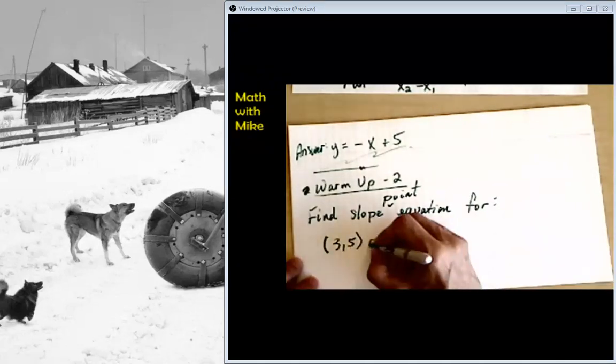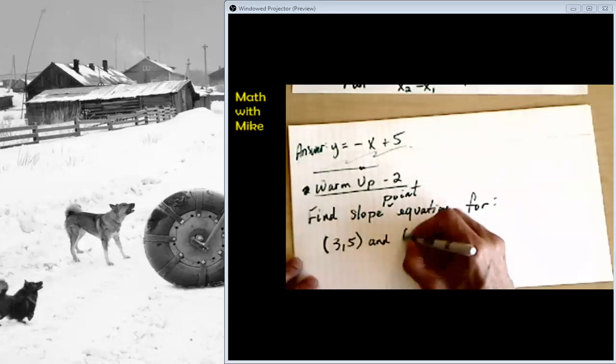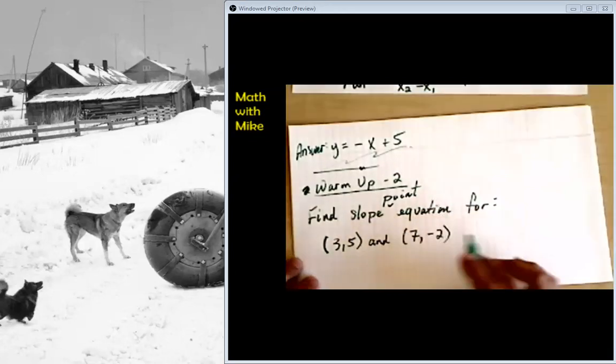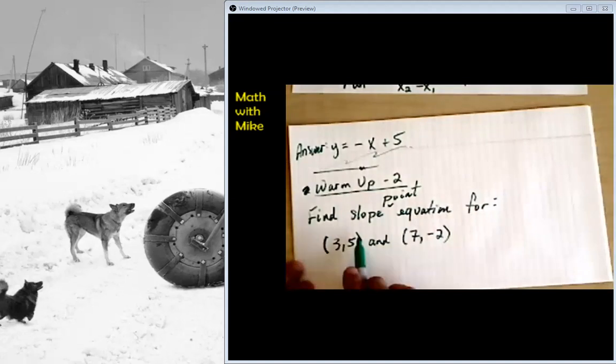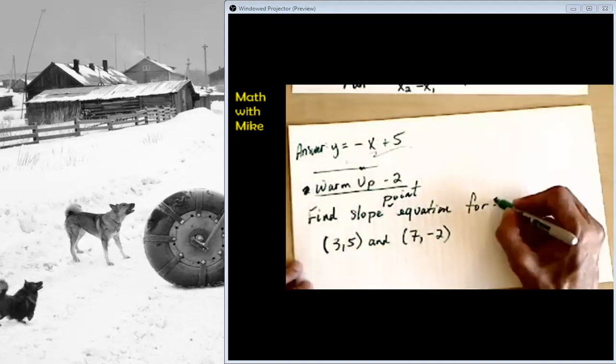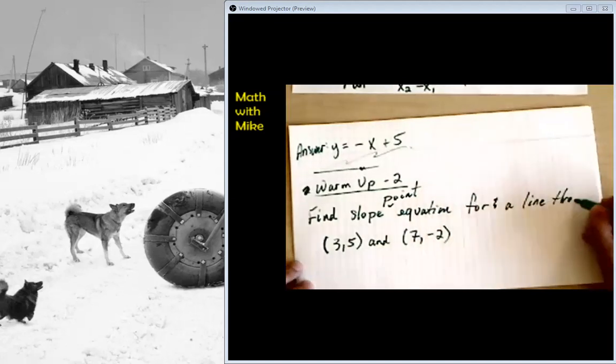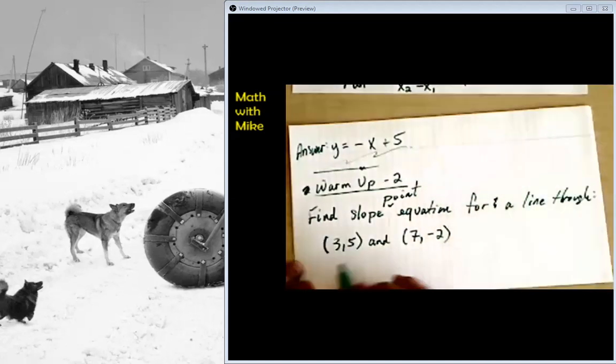And I'll keep that same point, 7 minus 2. So this is English: find the slope point equation for a line through these 2 points. That's kind of what you're asking.